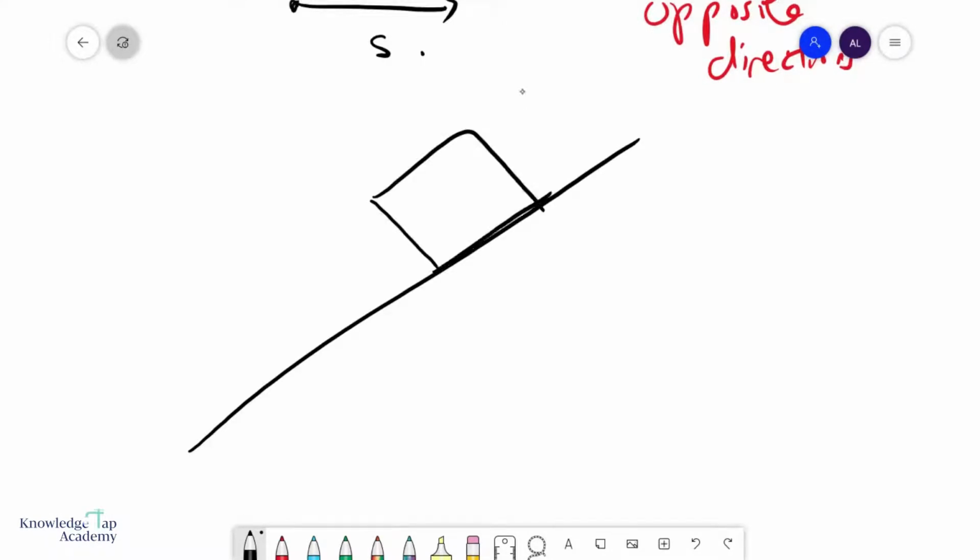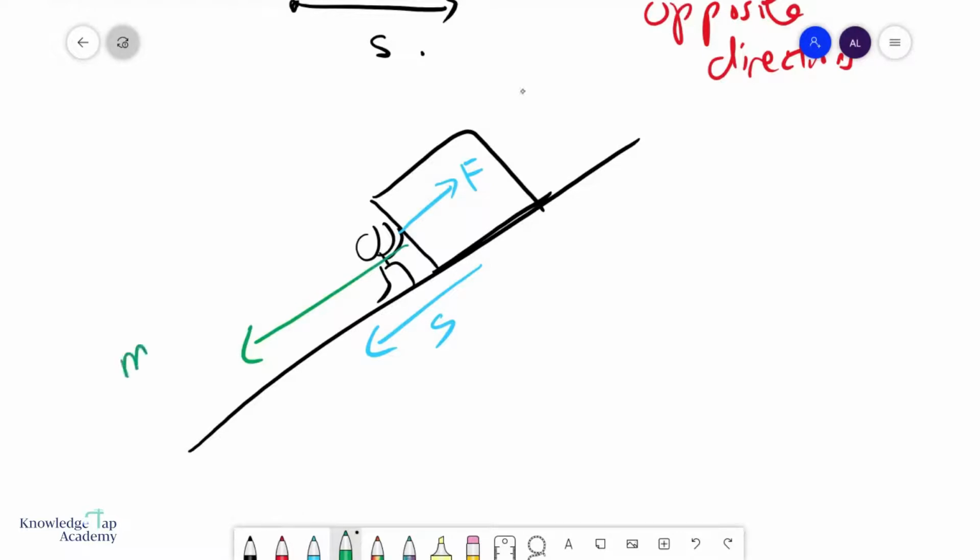There's a huge mass over here, and you may be trying to stop it from falling down, but you're simply not strong enough. And so you are applying a force in this direction, but the object is moving in the opposite direction. And we all know that that's because probably the component of the weight along this slope is much stronger. Let's call that mg sine theta.